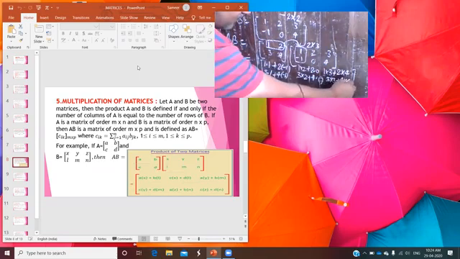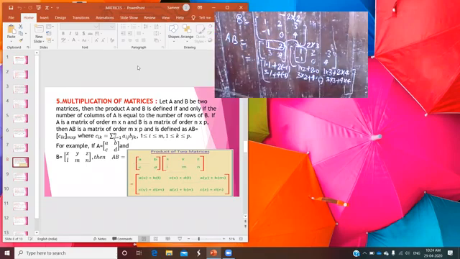And finally, if you simplify that, it gives the product of the two matrices. So while taking the product of two matrices, you have to be more careful.